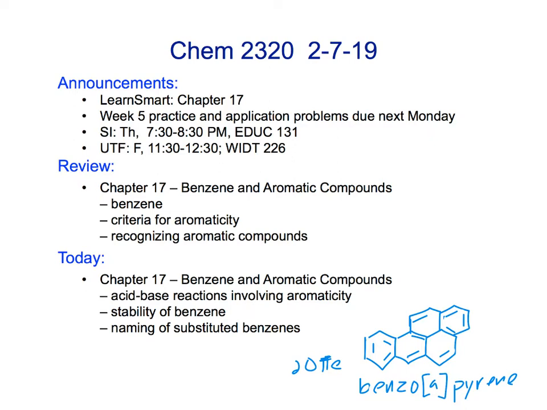The other one was that you look around the outside of the ring, around the periphery, and you ignore the two in the middle. If I drew a different resonance form where it had an actual double bond at that place, you just ignore one of the double bonds in the middle of the ring, and you're looking at the pi system that goes around the whole periphery. So that removes two electrons, and you end up with 18 pi electrons.